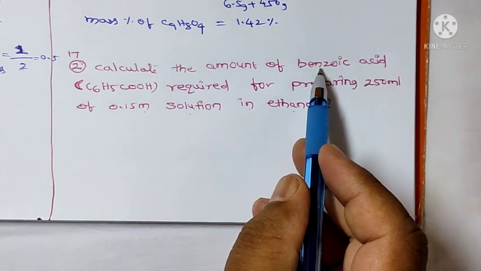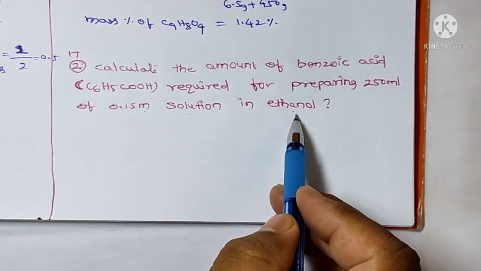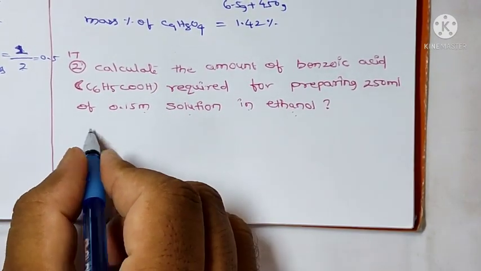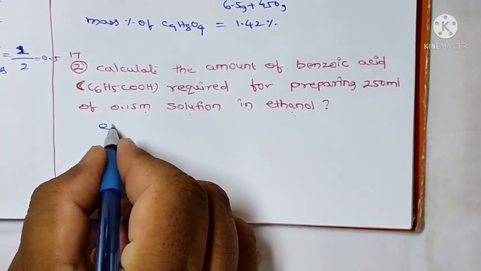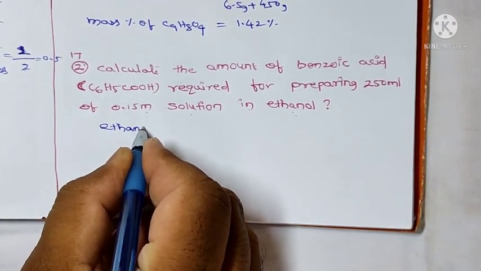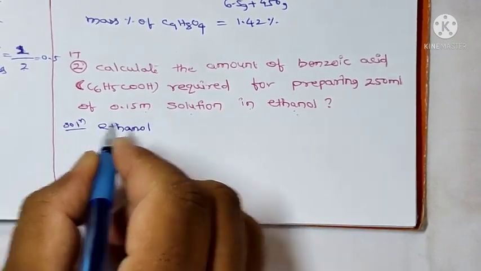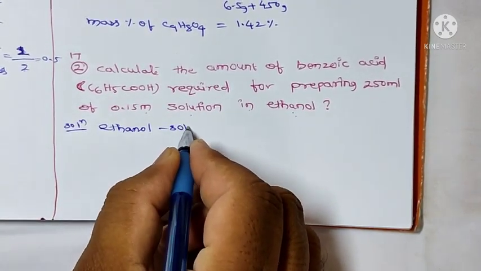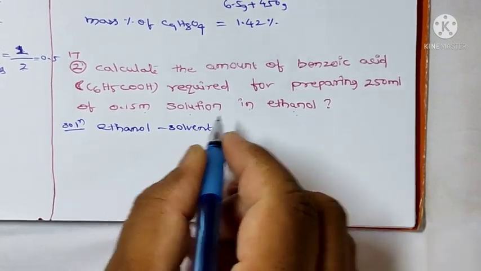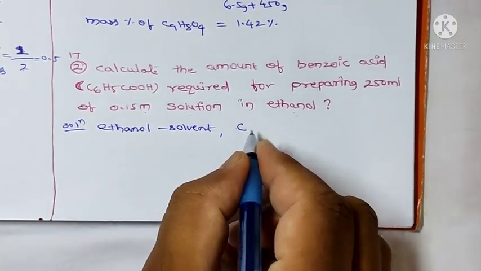So here we are adding benzoic acid in ethanol. So in this problem, ethanol is a solvent and benzoic acid is a solute.